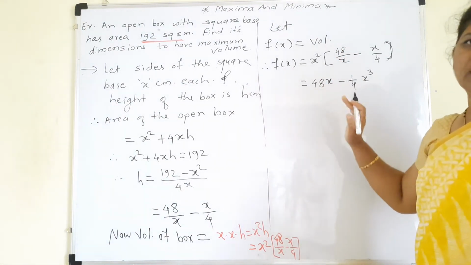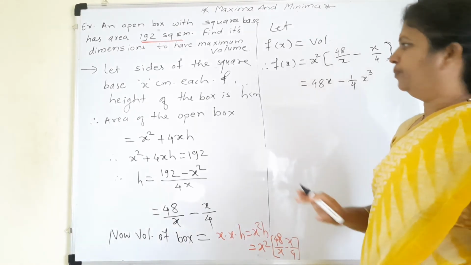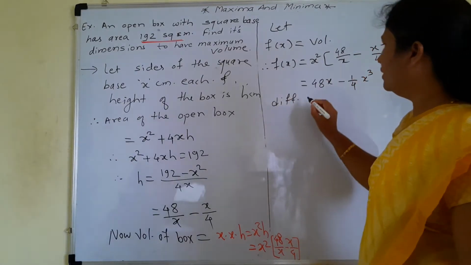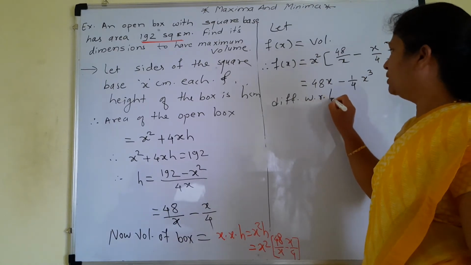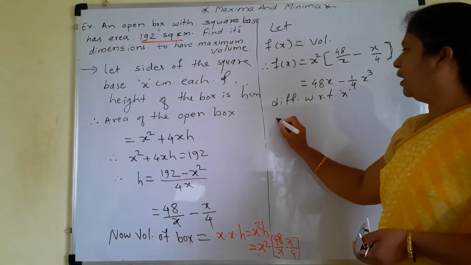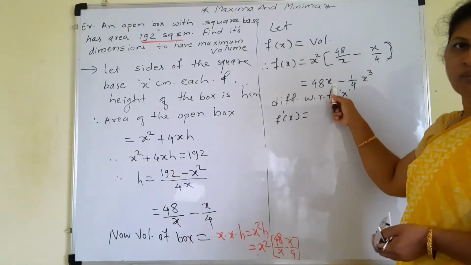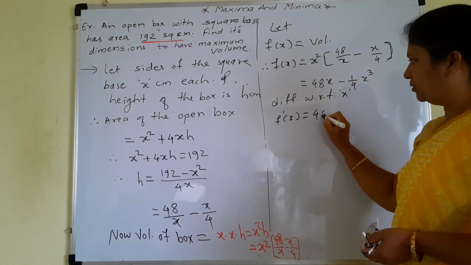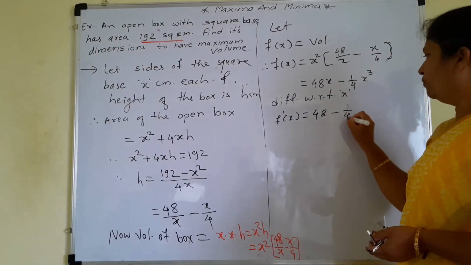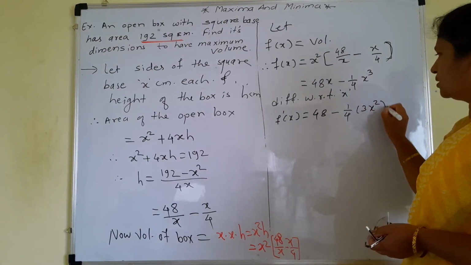Now the process is the same. Find the first order derivative, then the second order derivative, then set f dash of x equal to 0, and then check maxima or minima. Differentiating with respect to x, we get f dash of x equal to 48, the derivative of 48x, minus 1 by 4 into the derivative of x cube, which is 3x square.